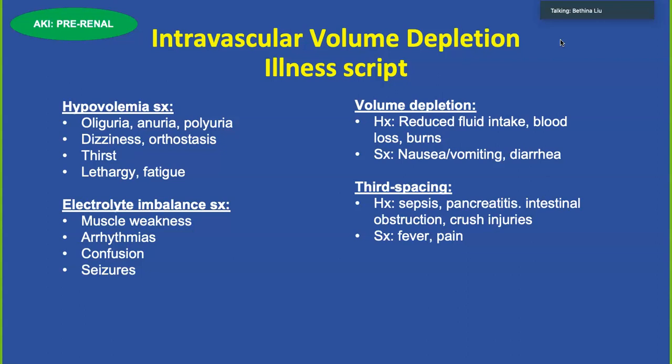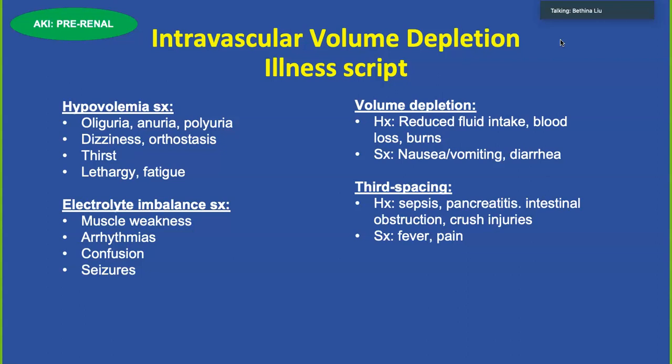The patient usually has orthostatic hypotension. Patient may have an increased thirst in recent history, as well as lethargy and fatigue. The other category of symptoms are caused by electrolyte imbalances as a result of the volume shifts. That includes muscle weakness, arrhythmias, confusion, and seizures.